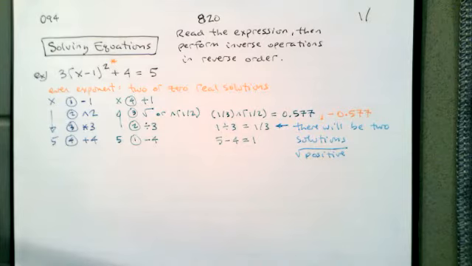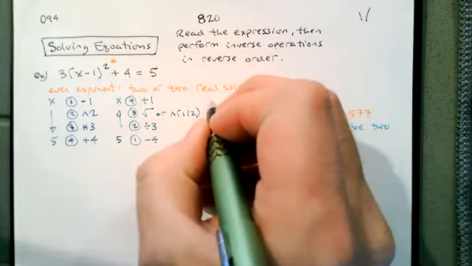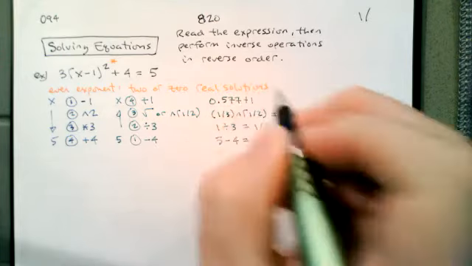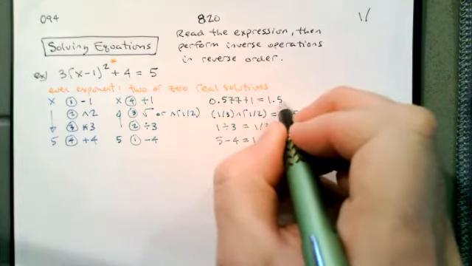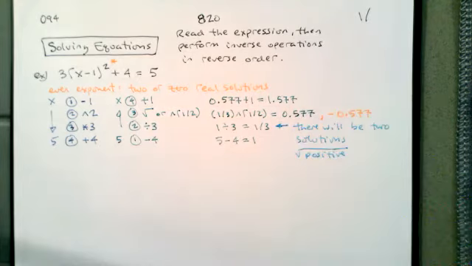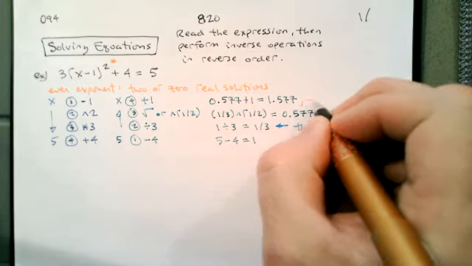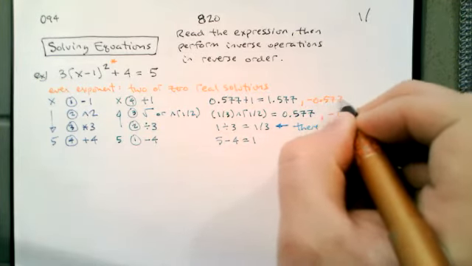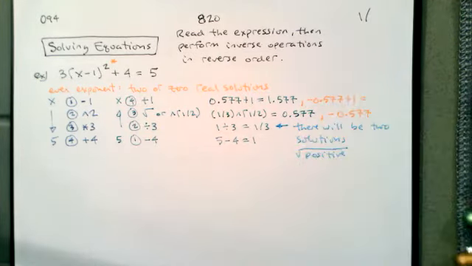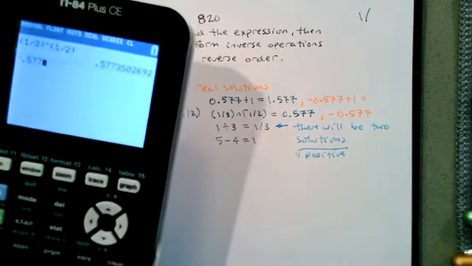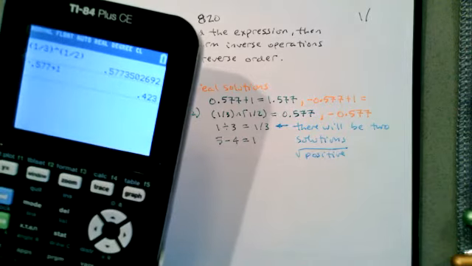So to each of these values, we have to do the last step, which is plus 1. So I have to do 0.577 plus 1, which is 1.577. But I also have to do negative 0.577 plus 1 to get 0.423.